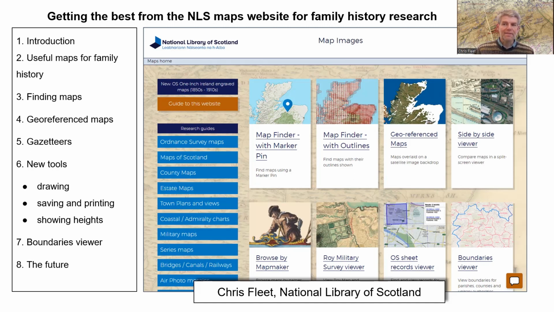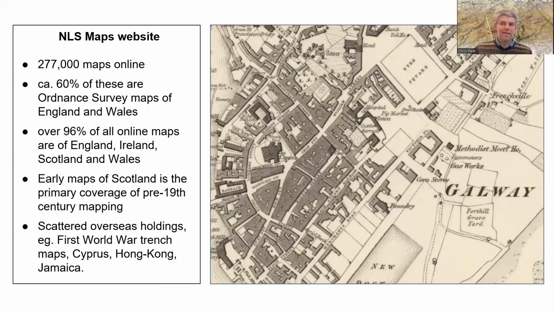As you might expect, the main focus of the NLS map collections is Scotland, but because the library is a United Kingdom legal deposit library, we're entitled to receive United Kingdom published mapping. And this means we've got good holdings of things like Ordnance Survey maps of England and Wales too.